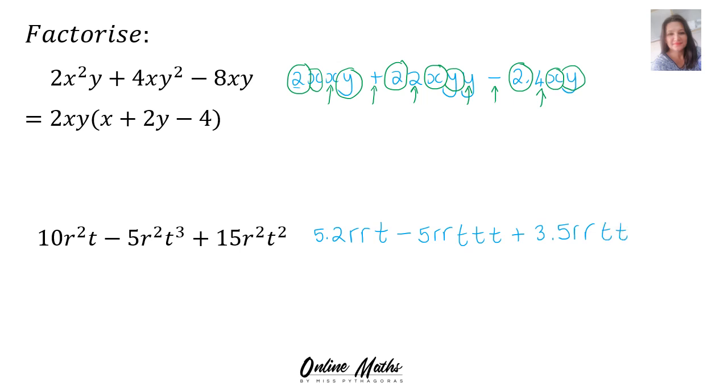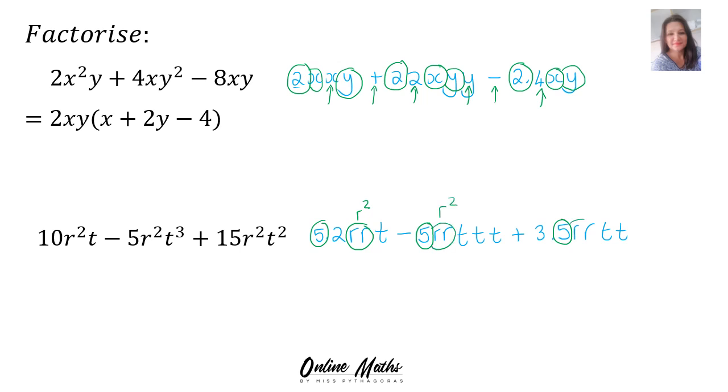Now I can take out the highest common factor. So let's see. There's a 5 that's common to all 3 terms. I like that. Then here there's r and r, which is in fact r squared. And then, there's another one. There's also 2 of them, r squared.